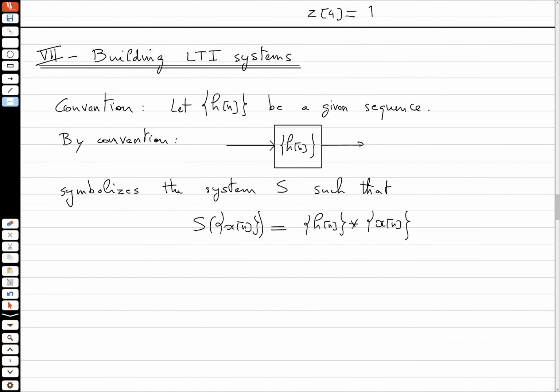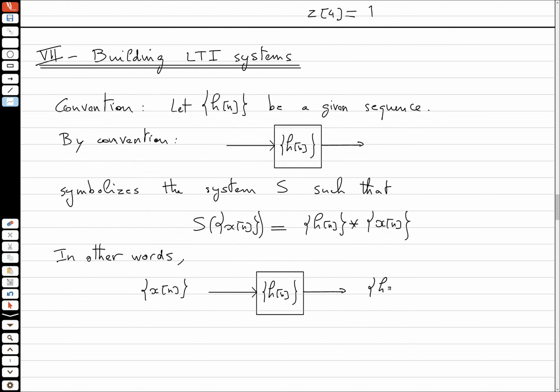So in other words, when you input x into this system, by definition of that system, the output is the convolution between x and h.